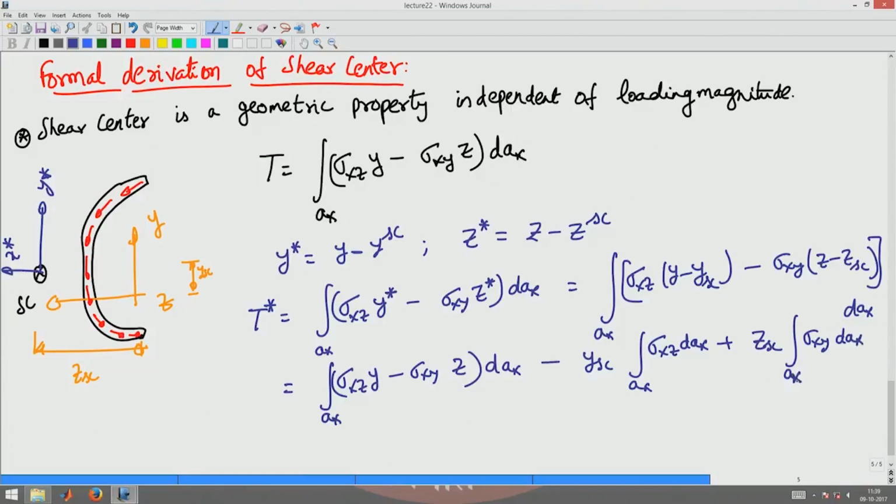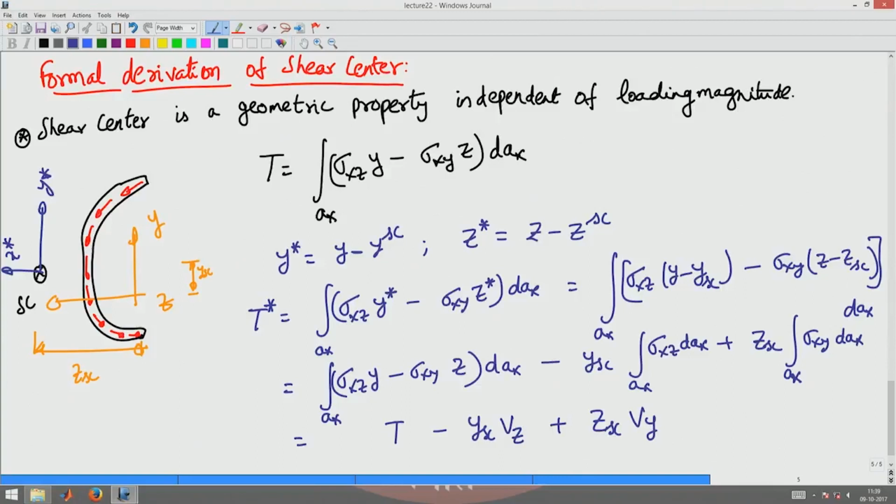Now this is your initial torsional moment, minus ysc times this, which is nothing but your shear force Vz, plus zsc times your shear force Vy.